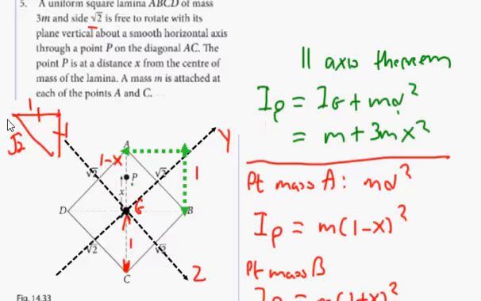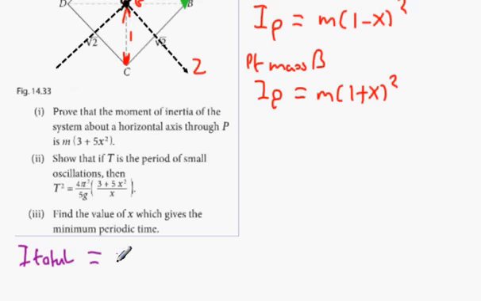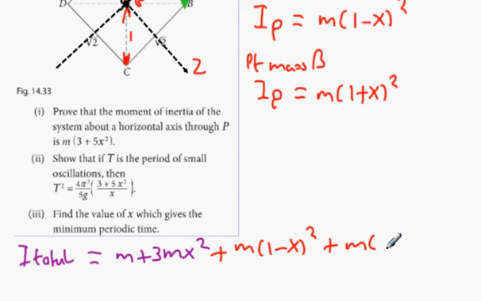Now my lamina is m plus 3mx squared. My point masses are m times (1 minus x) squared plus m times (1 plus x) squared. Just need to multiply all that out.